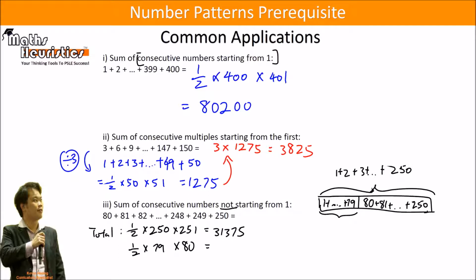So that will be 3160. So the objective that I'm required to find would be 31375 minus 3160. And that will give me 28,215.